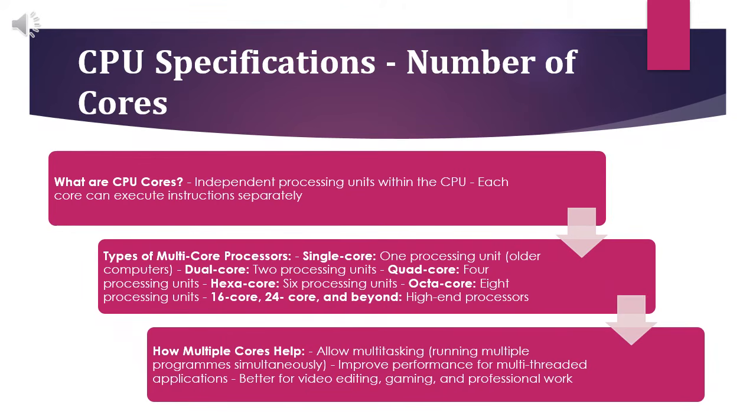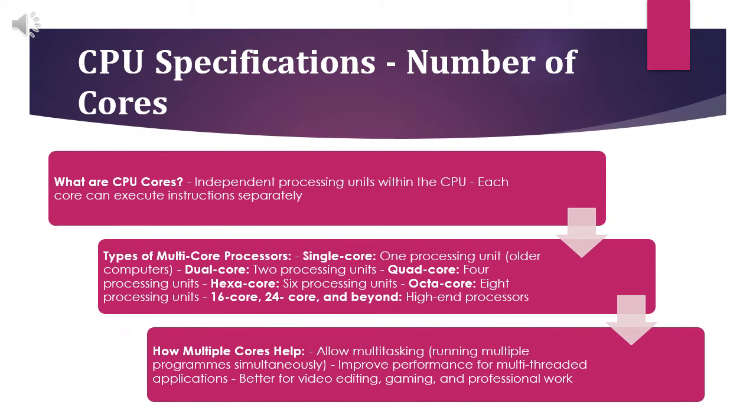Hexa-core (6 cores) and octa-core (8 cores) have become the standard for modern gaming and smooth multitasking. For professional work, we now see high-end processors with 16, 24, or even 96 cores for extreme performance.